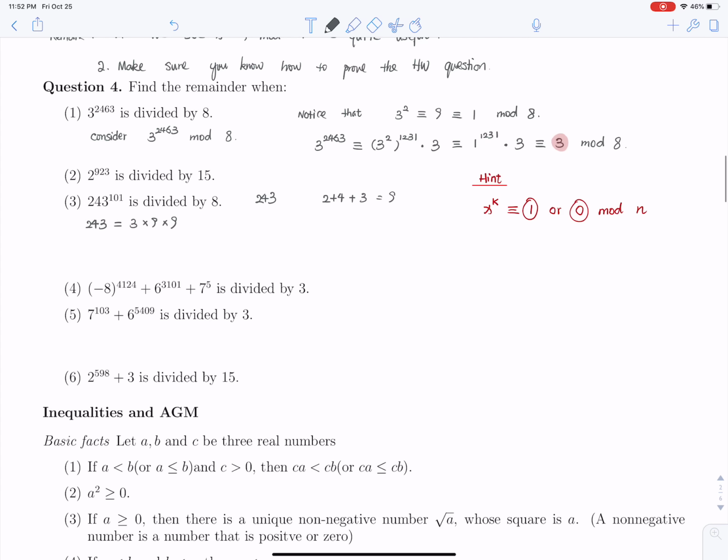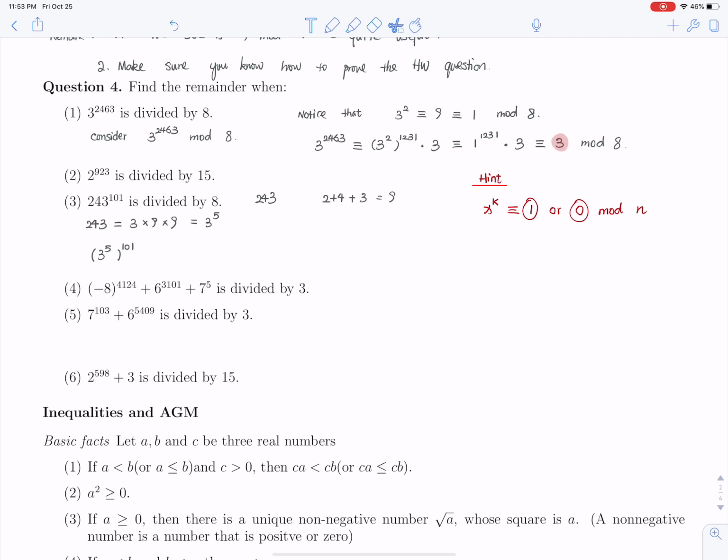Well, this gives me some idea. I can write 243 as 3 to the power of 5, to the power of 101.